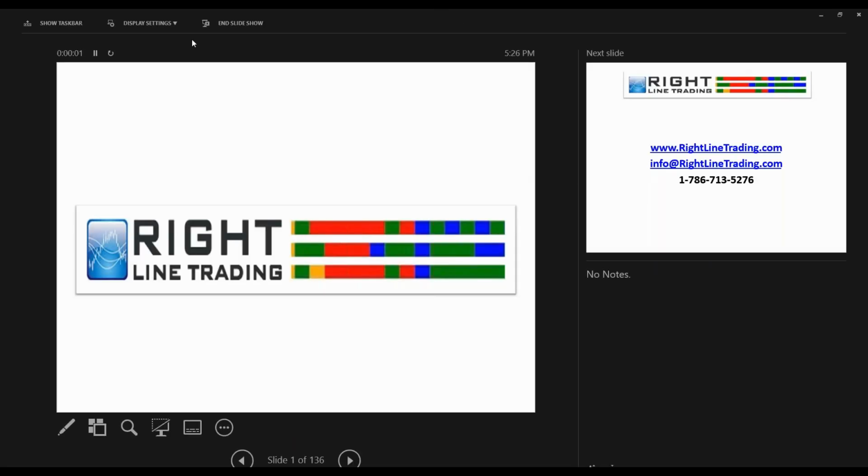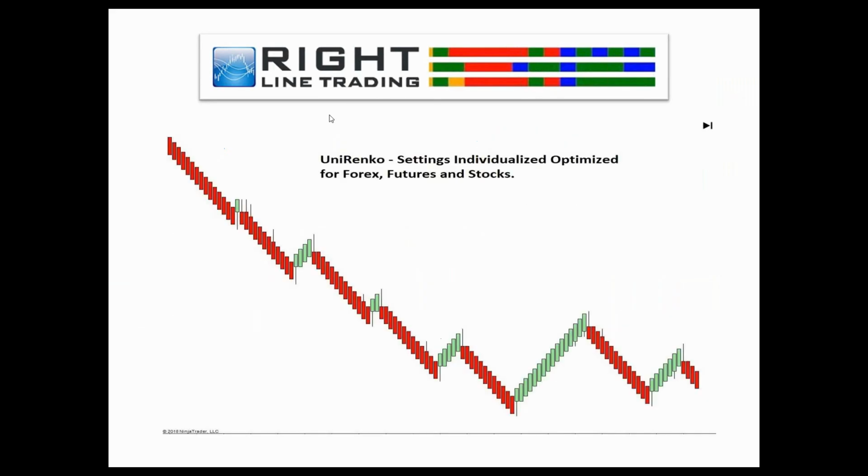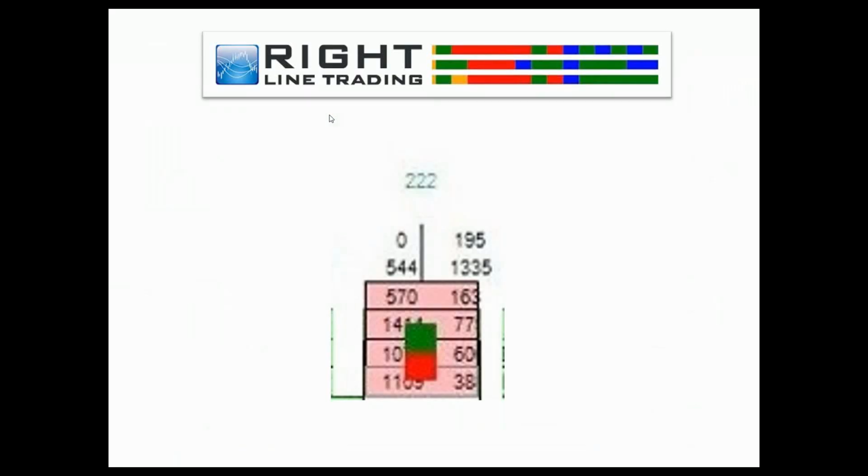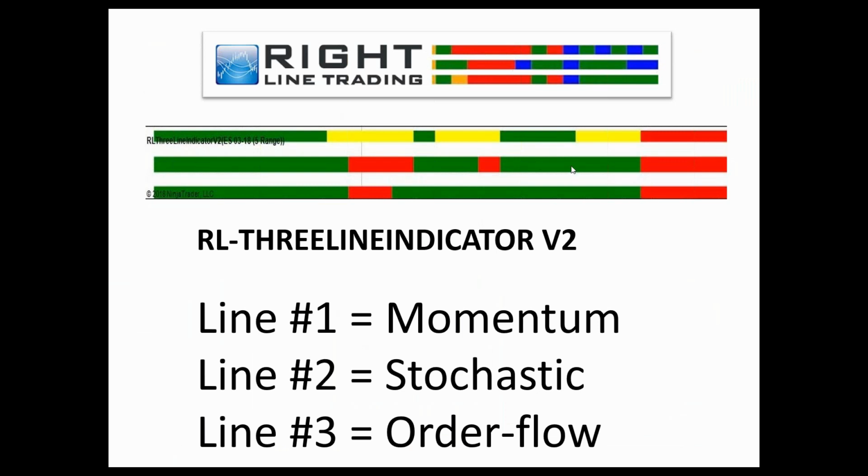Now, I see a lot of traders in the room from my live trading room. And for them, this is going to be a little bit redundant, but there's a lot of traders here who have never seen this before. And I'm just going to really go over it briefly. Now, the core of the system is the 3-line system.